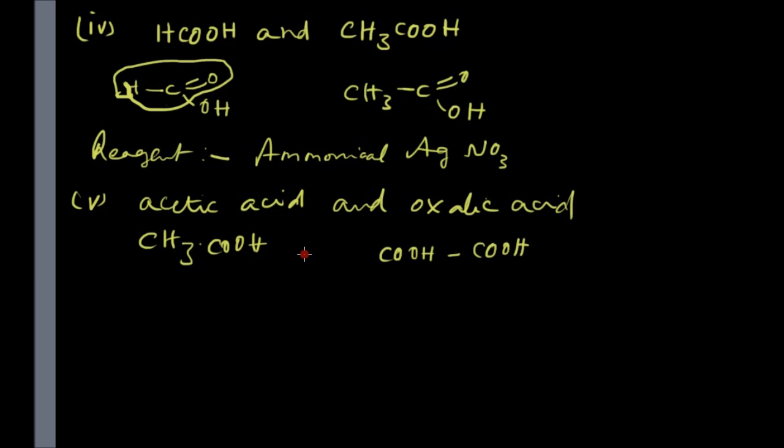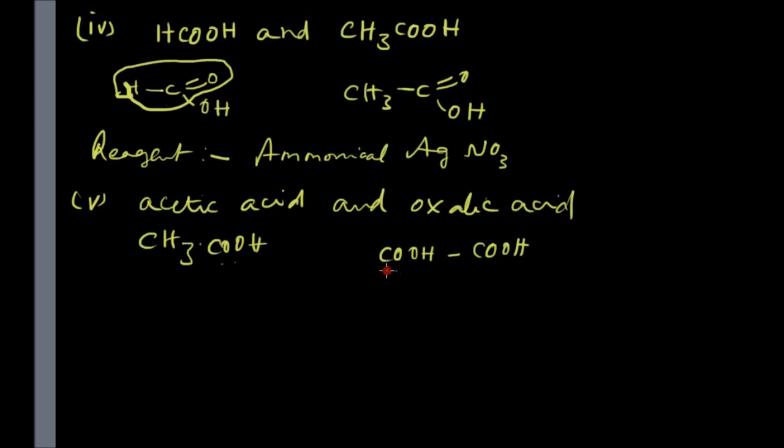I'll give you one clue here. You are more familiar with oxalic acid than acetic acid in the laboratory. Can you think of the experiments involving oxalic acid that you perform in the laboratory? Yes. Some of you might have come a little close to the answer, no? You are doing redox titrations with oxalic acid.